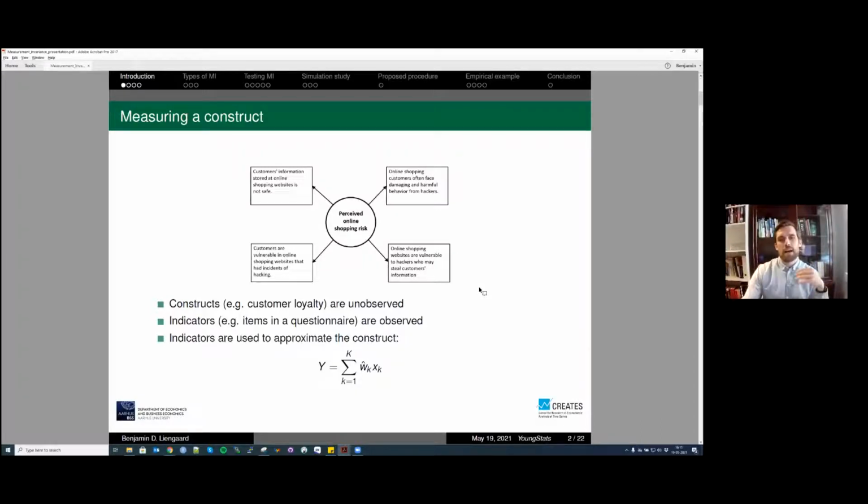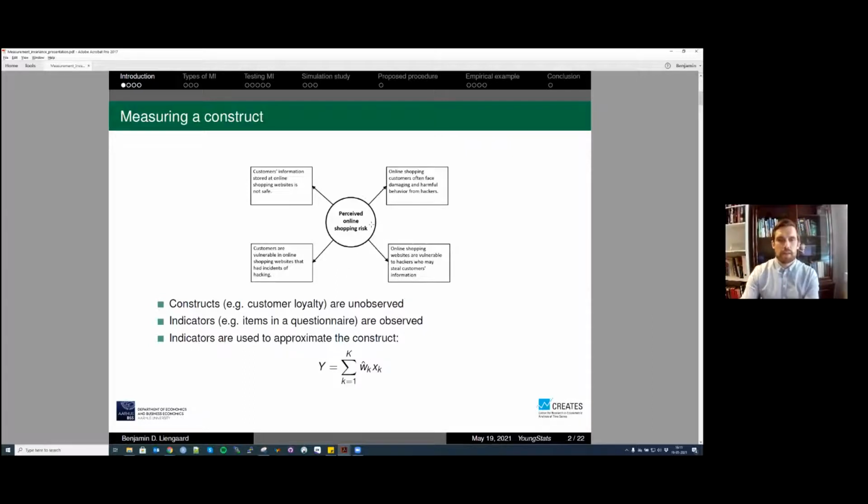And constructs are unobserved variables, also called latent variables. A construct could be, for example, customer loyalty. We cannot observe customer loyalty. So instead, we use, for example, questionnaires where we ask the respondents a range of different questions that should measure this specific construct.